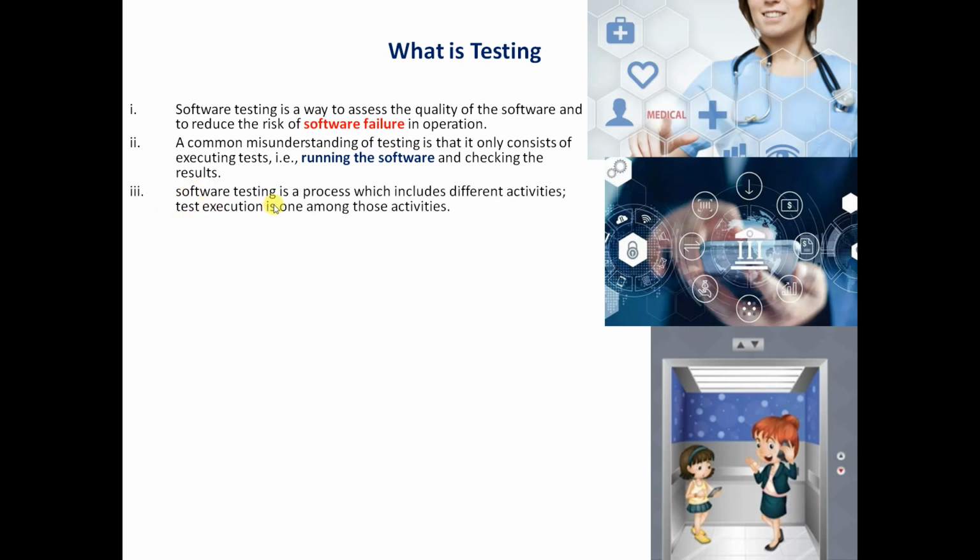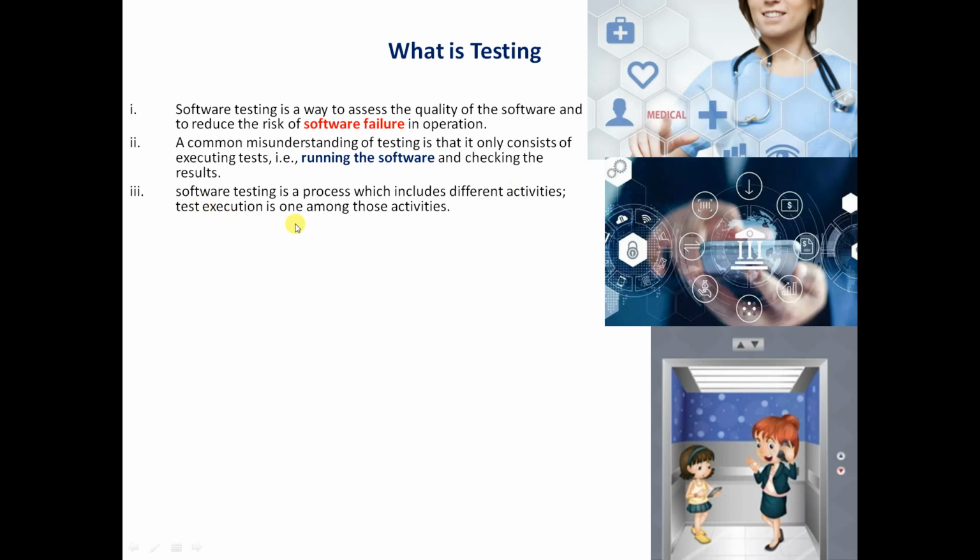Software testing is a process which includes different activities. Test execution is one among those activities. The process includes reviewing the requirement document, reviewing the code, and reviewing the test cases. But what beginners think is that software testing means they want to execute something.